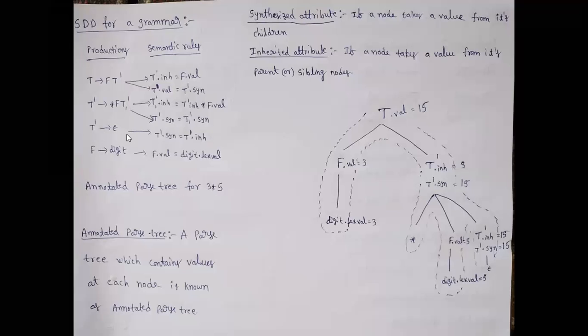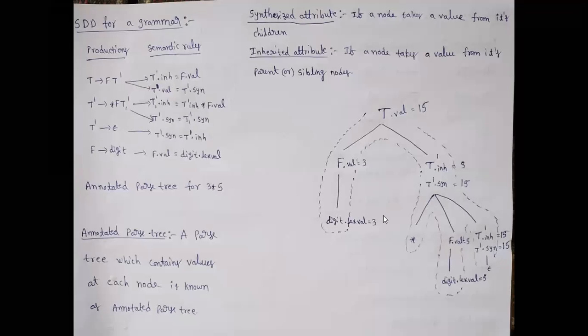That's why we are taking T dash produces star F T1 dash. So here T dash produces star F T1 dash. Okay. So in this T1 dash we are using again two semantic rules. Then we are writing T dash inherited and T dash synthesized. Okay. Then this F is converting to digit.